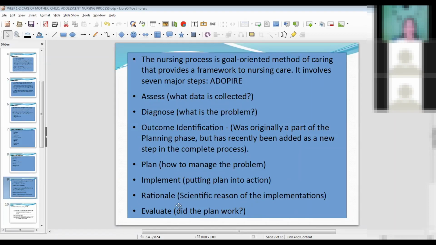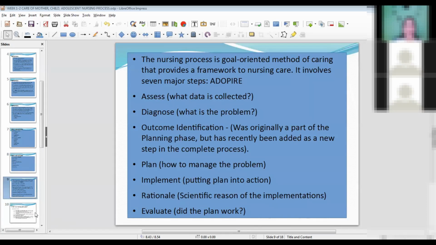Okay, and then we have E for evaluation. Did the plan work? Okay, so this nursing process worked hand in hand in the formulation of a nursing care plan. So nursing care plan and nursing process, these are the core concept that guides the nursing profession, especially in the clinical practice. So hindi tayo makakatapos without formulating a nursing care plan.